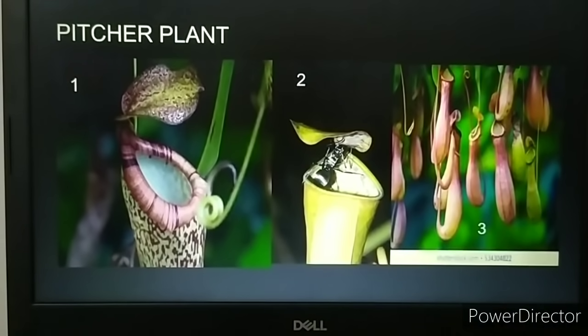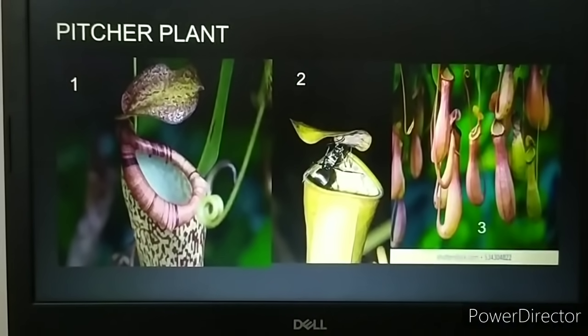Then the leaf apex. What is the leaf apex? It is the outer end of the leaf which forms the lid. As you can see in figure number 1, a leaf-like structure is visible that forms the lid of the pitcher plant. Now, once the insect enters the pitcher through the opening, it slips downwards and the lid closes.